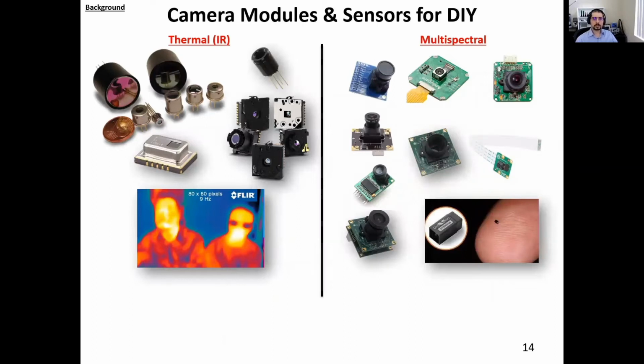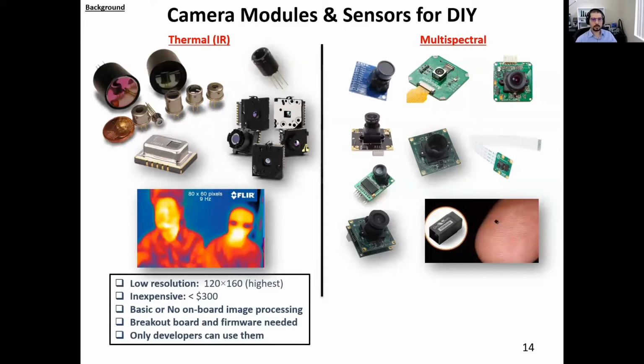So these are examples of camera modules and sensors that I have been using for DIY, to develop my systems. The thermal camera modules and sensors that are commercially available in the market, I have used some of them. They usually have low resolution when compared to commercially available thermal cameras, and the resolution does not usually exceed 120 by 160 pixels.